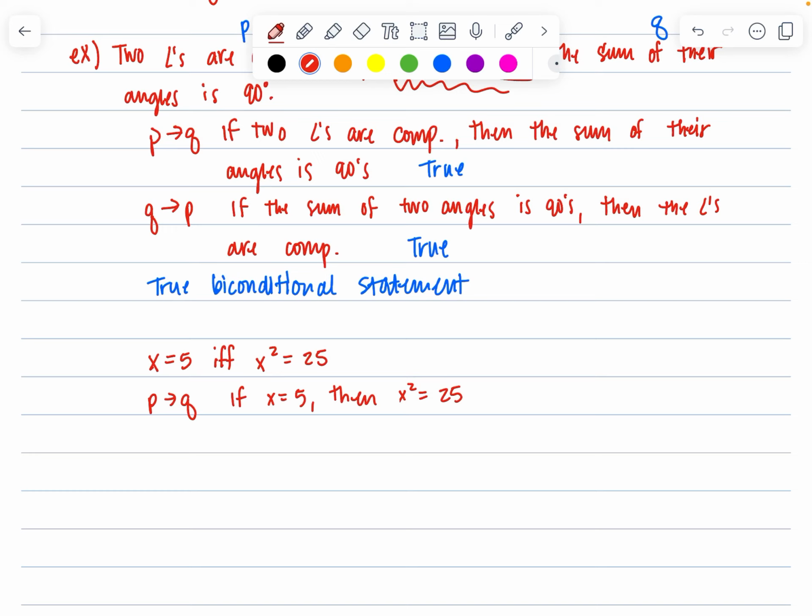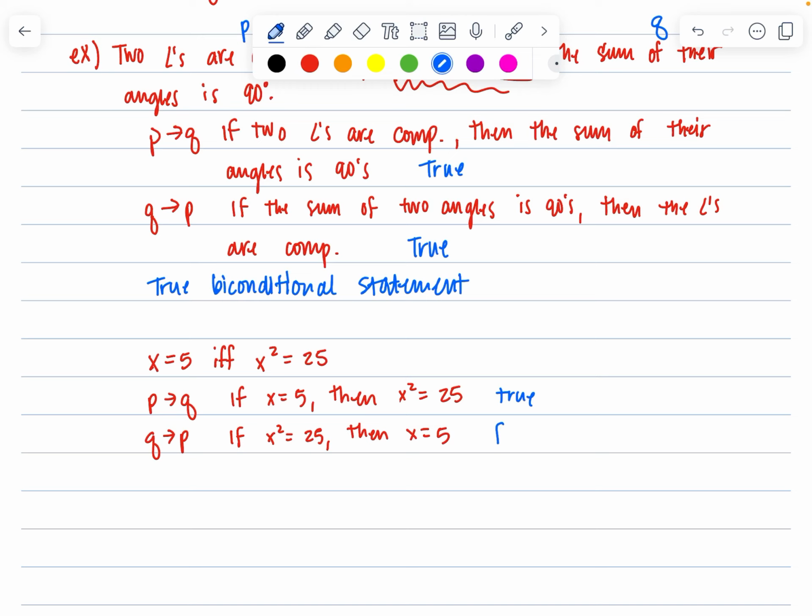And that's true. If x is equal to 5, then x squared is equal to 25. But the converse, if Q then P, would be the flip version of this: if x squared is equal to 25, then x is equal to 5.